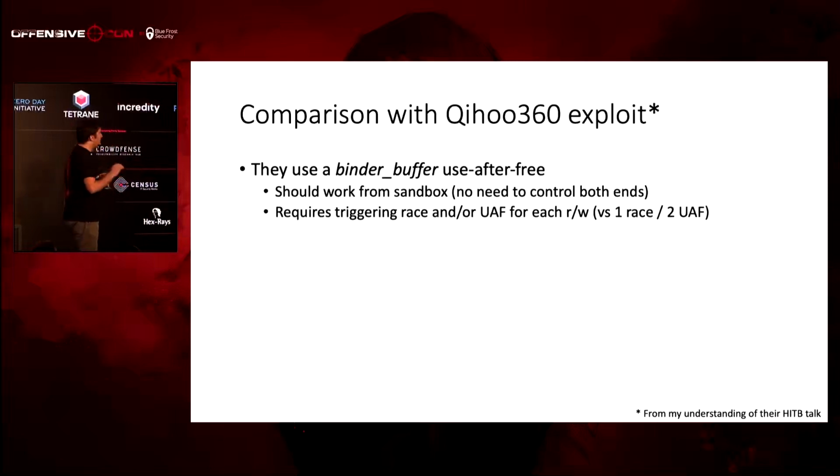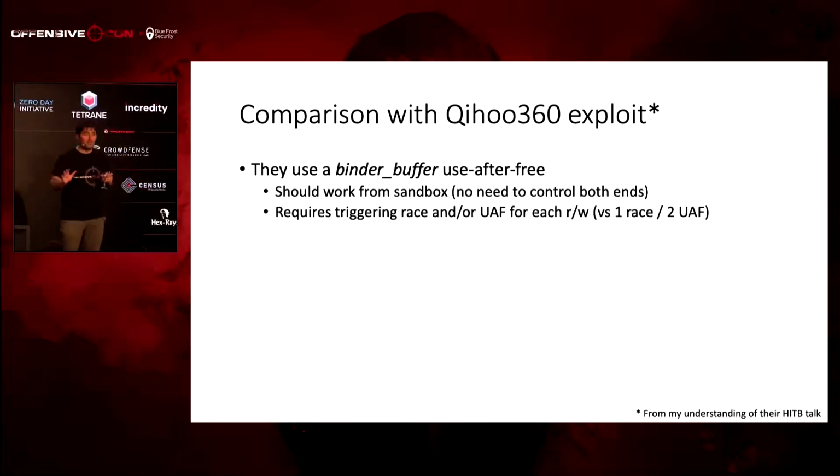My understanding is, first of all, this should work from the sandbox, because you don't need control of both ends, or tricks that I don't know about, to do that from the sandbox. I also think it requires triggering the race or use after free for each read-write access.